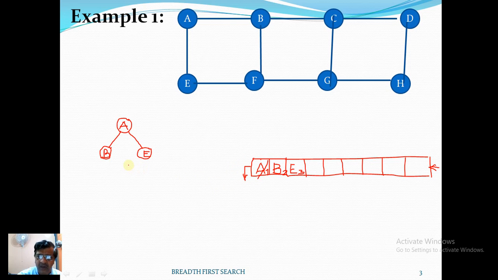Now the algorithm jumps to B and inserts whatever vertices are directly connected to B. C is connected to B, therefore C will be enqueued, and C is the fourth one to go into the queue. The other vertex is F. F is also enqueued. So this is F.